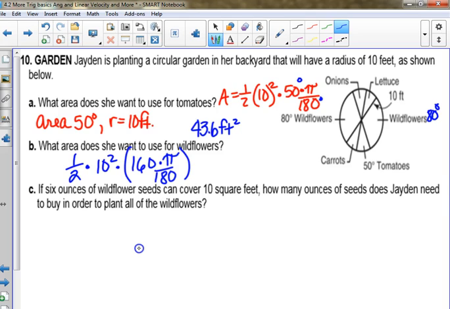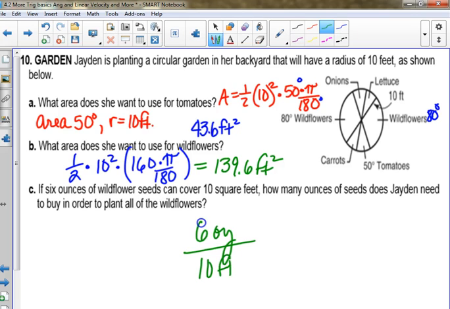Anybody get an answer? I got 139.6. Anybody else get that? Yes? Okay. If 6 ounces of wildflower seed can cover 10 square feet, how many ounces does she need to buy? Okay. What do you want to do? 6 ounces covers 10 square feet, and we need this many square feet covered.